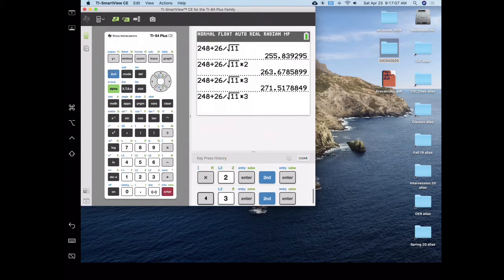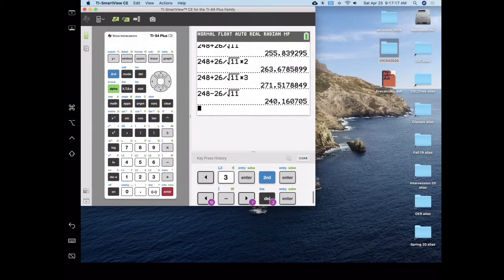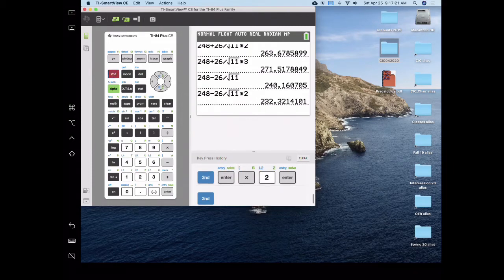And go ahead and do the same, but let's go ahead and subtract. Right, and then do times 2, and then times 3. Okay, so let's go ahead and label those.